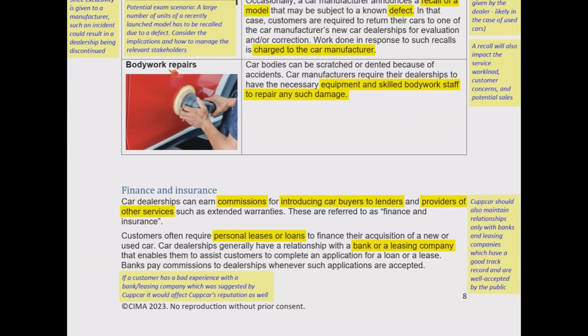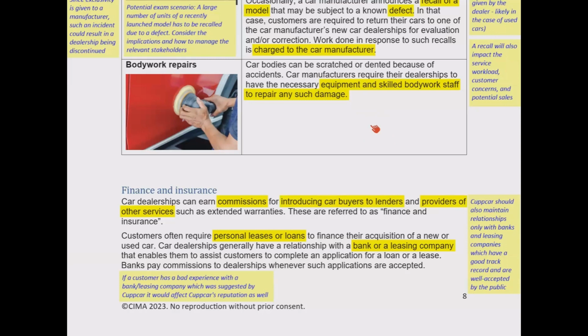When I wanted to get some damage fixed on my car, when I had accidentally run into a bollard in a supermarket car park, I went to the dealership and they said, I'm very sorry, we don't do that, but this is the company that we use and we can put you in touch with the right person that you can then go and get your car bodywork repaired there. I'm thinking F2, some form of joint venture with a bodywork repair shop, such that Cuppcar itself does not have to have that facility to do these kind of repairs themselves.